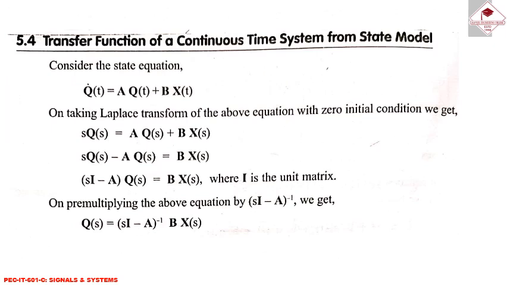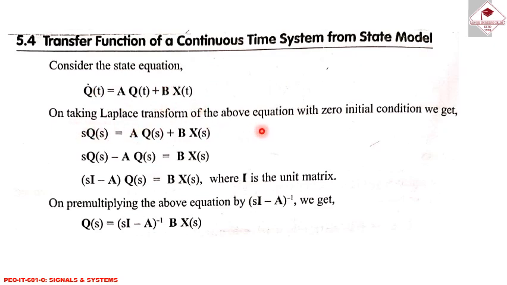After that we are going to evaluate the transfer function. To obtain the transfer function of a continuous time state model, consider the state equation, that is q dot of t equals A q(t) plus B x(t).